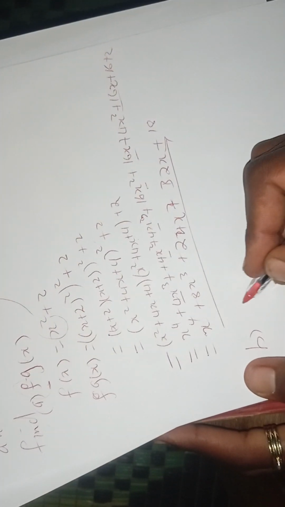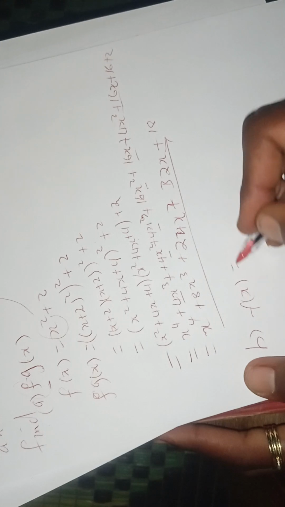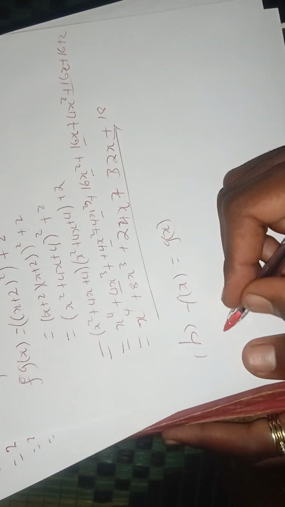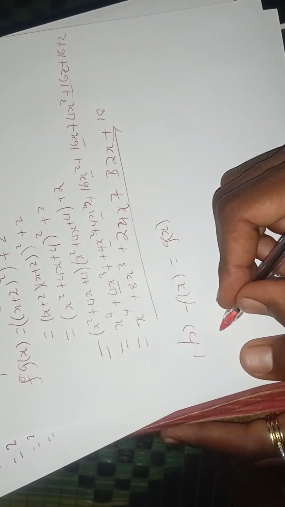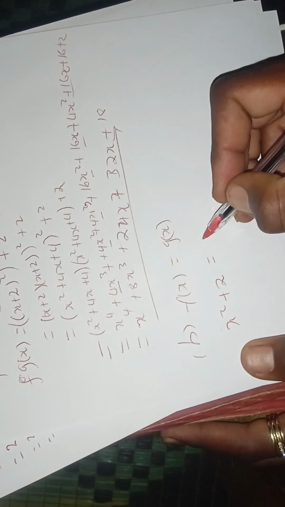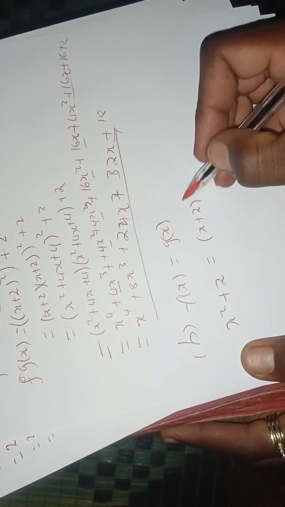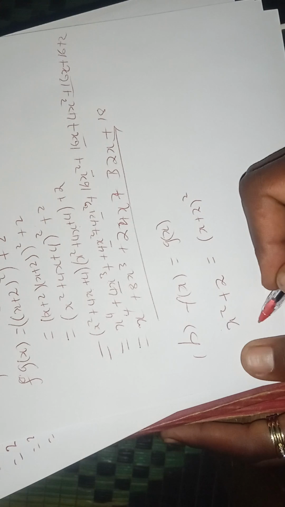Now answering B, which is f of x is equal to g of x, we simply equate the function f of x to the function g of x, which means x squared plus 2 is equal to the function g of x, which is (x plus 2) squared. So we simplify this.